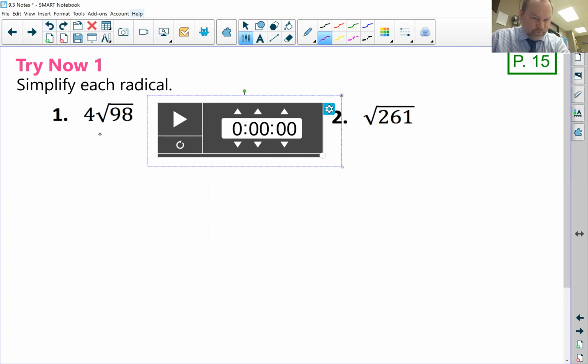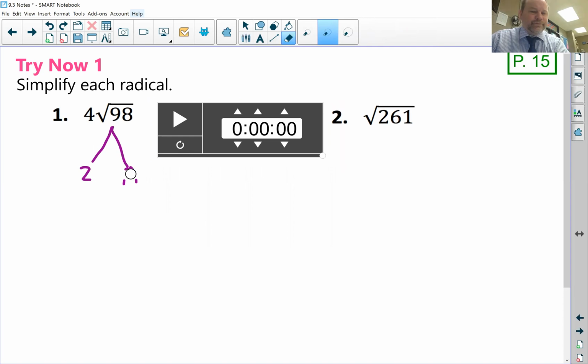So we have that 4 out front. 2 goes evenly into 98 because it's even, and 98 divided by 2 is 49. 2 does not divide into 49.